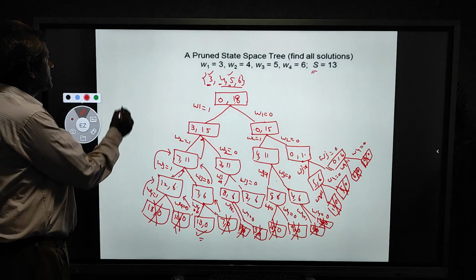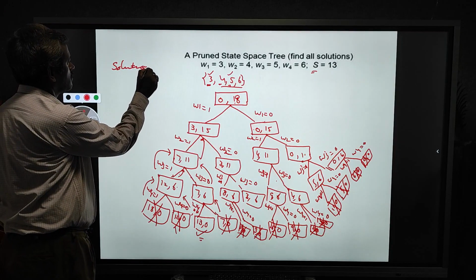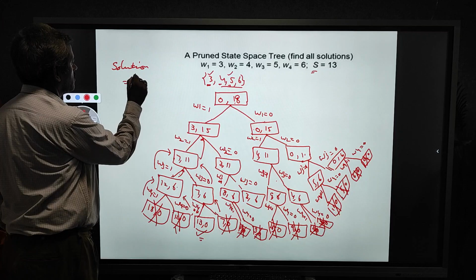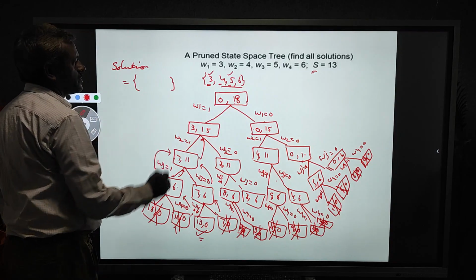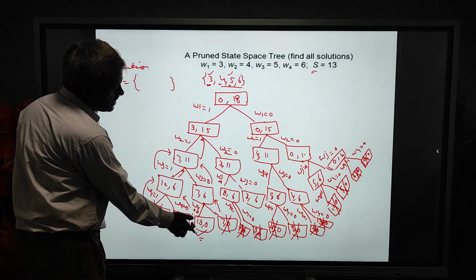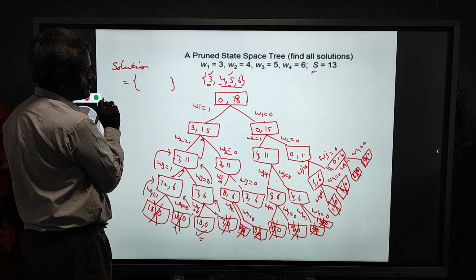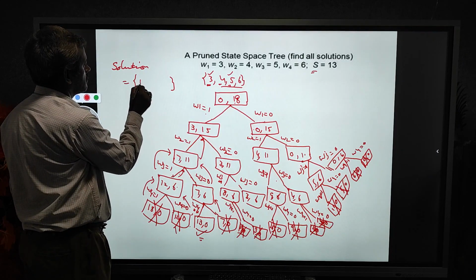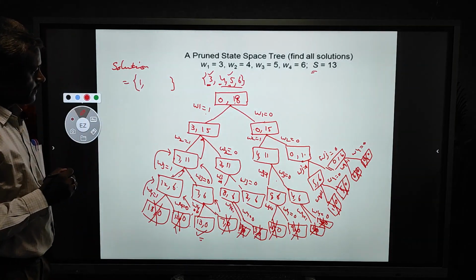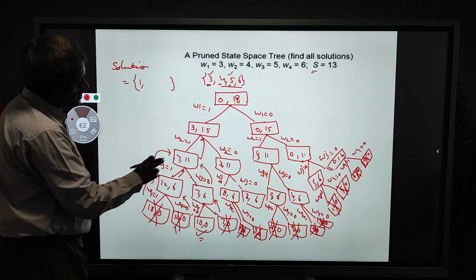Now that means as a solution you are going to write down like so, X is equal to the elements we are going to consider. That means in this direction, if you are going to check out, I am considering W1. Is it right? Yes, that is 1.